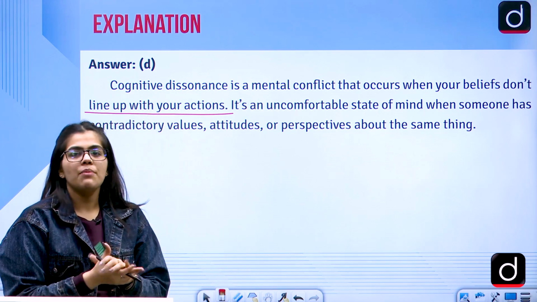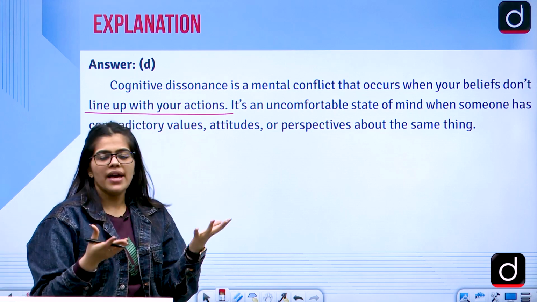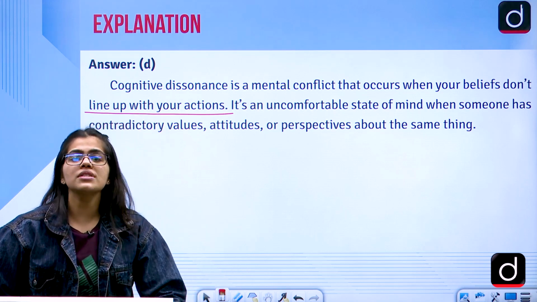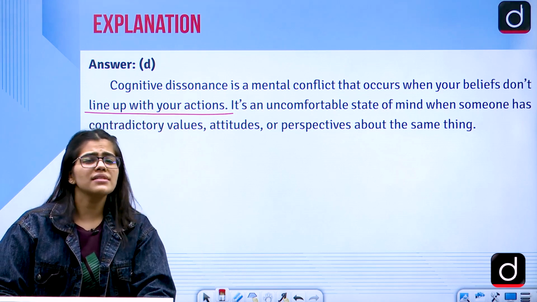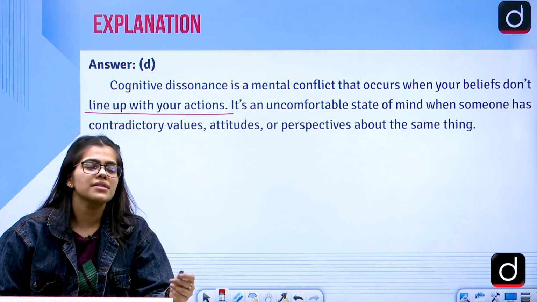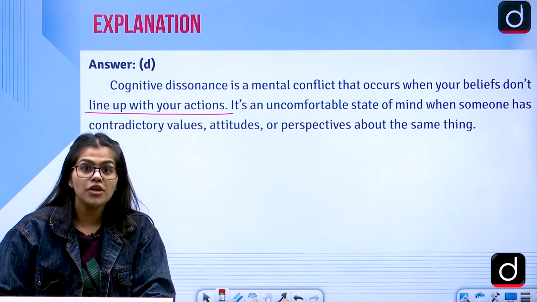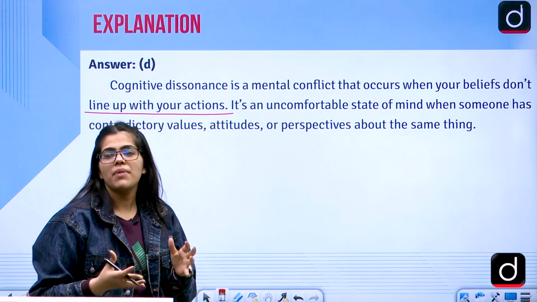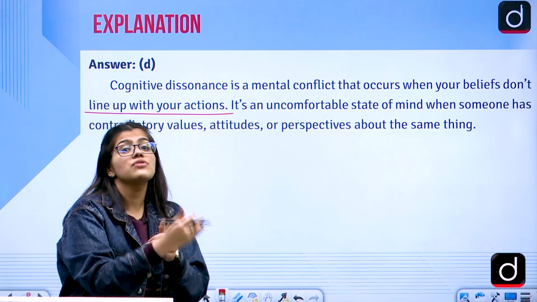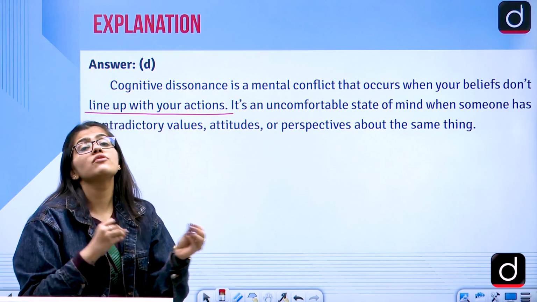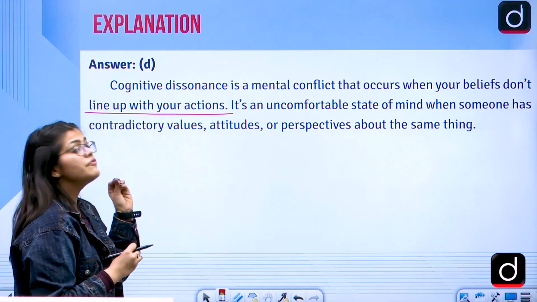So you can take an example. I am coming with this notion that we know smoking kills a person, but I'm saying that maybe once if I try it, that is not going to harm me a lot. So this is the conflict in my mind. I know that smoking kills a person, but still I am keen to try that. This is a confusion in mind, and this is cognitive dissonance.